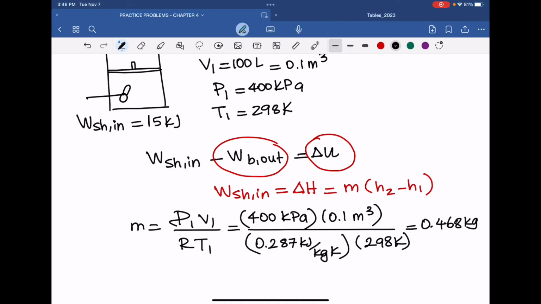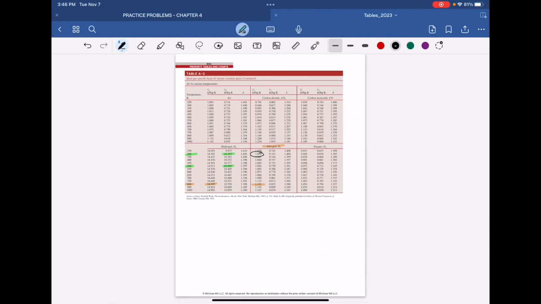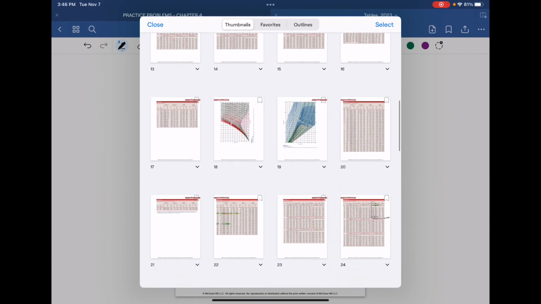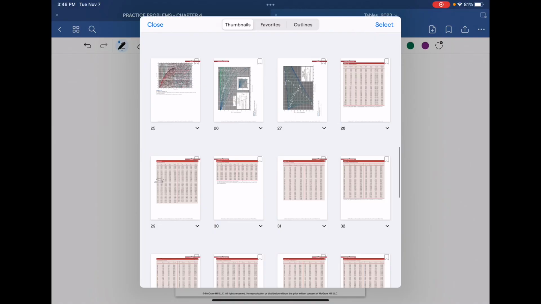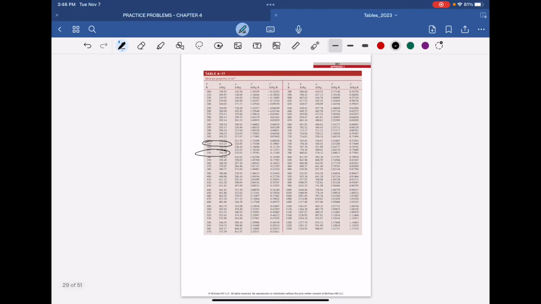We found the mass. The next thing is H1. We can find it because they are giving me the temperature, so I can look at table A17 to figure out H1. And you do that from table A17. So let me do it this way. Okay, so we have 290.